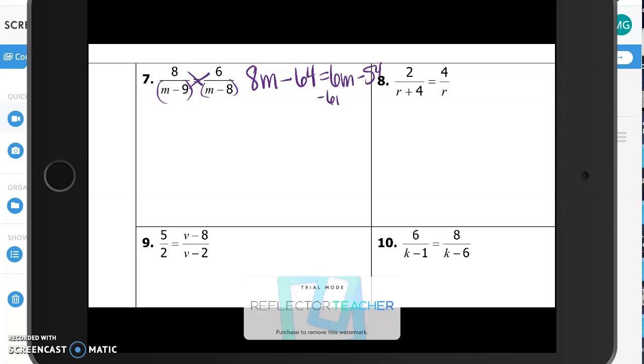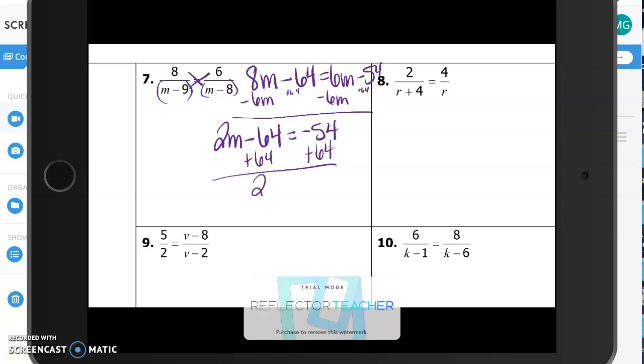So then I'm going to subtract 6m from both sides. Again, if you feel confident, you can add the 64. So I get 2m minus 64 is equal to negative 54. Then I would add 64 to both sides. 2m is equal to positive 10.